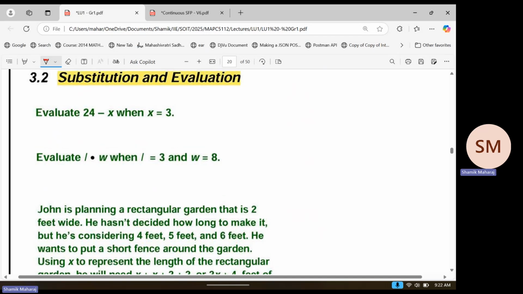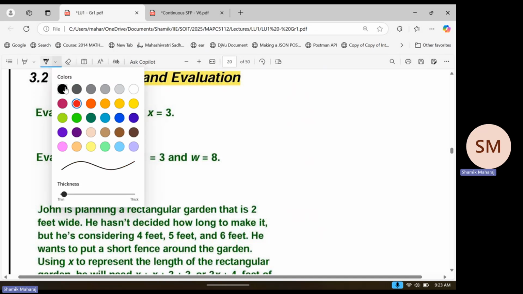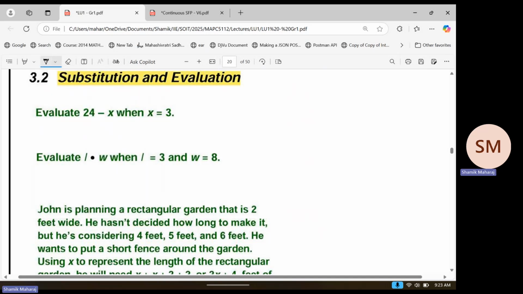Okay, substitution and evaluation. For this, I'll just do one example to show you the difference between the two, if you don't know it already. In this example, evaluate 24 minus X when X is equal to 3. We have to first substitute, then evaluate. The substitution part is when I say 24 minus X is equal to 24 minus 3. All I've done is substitute the given value into the expression.